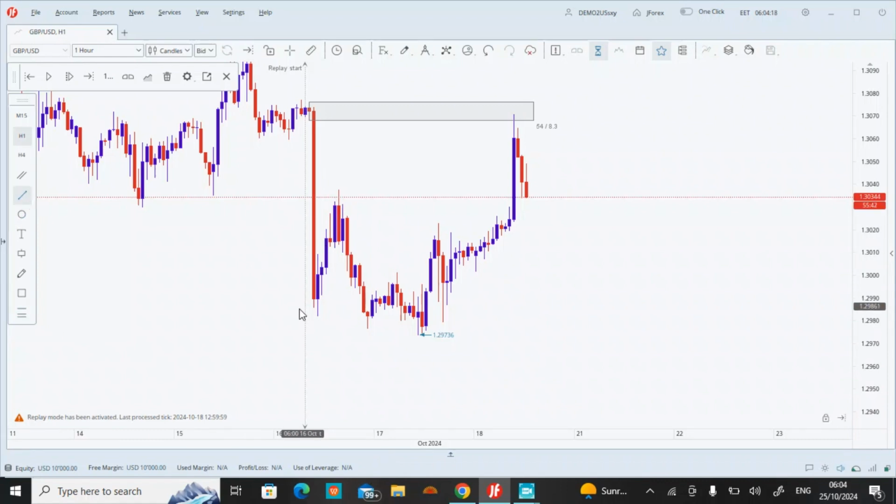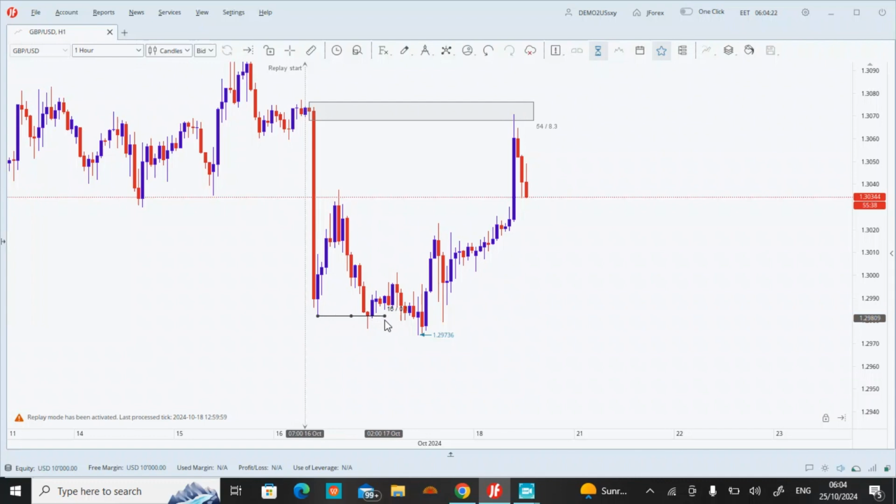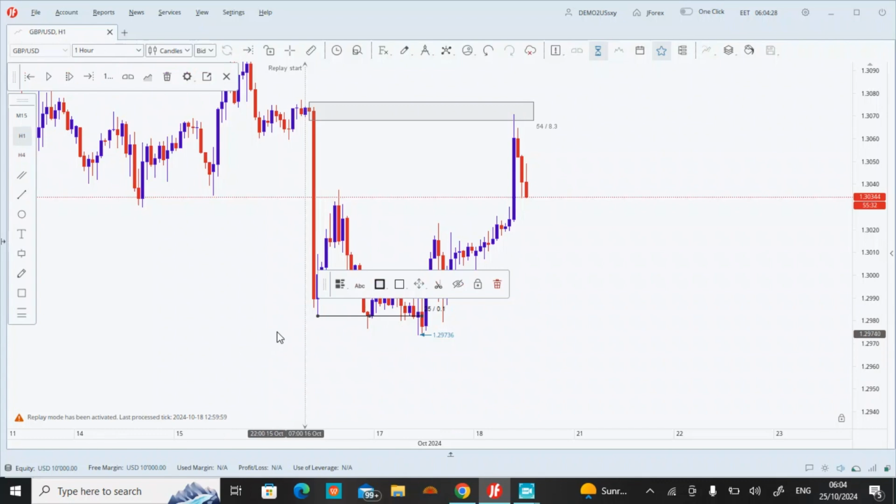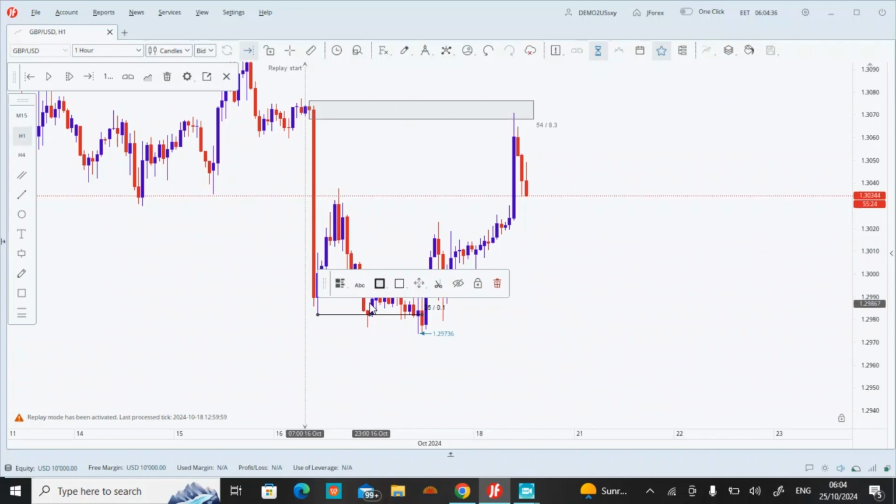I want to draw this here. We have broken structure to the downside. We have bodies closing below. This is the lowest point. Price is breaking below. So one rule has been met, and that rule is the break of structure.